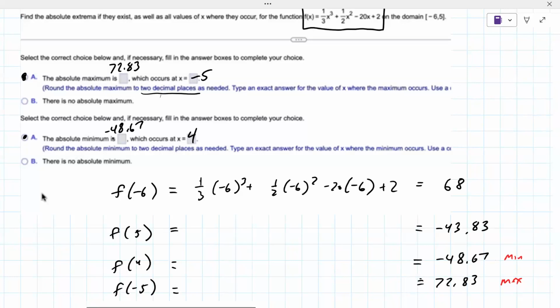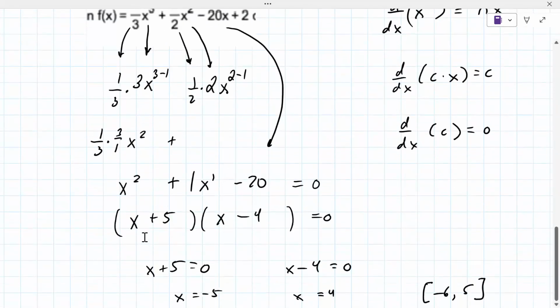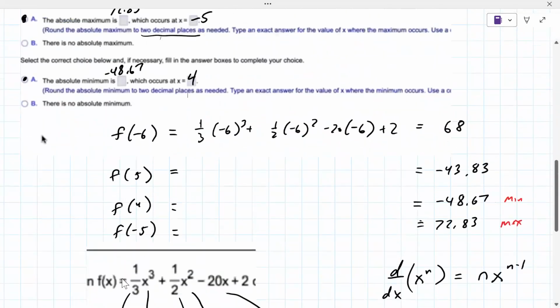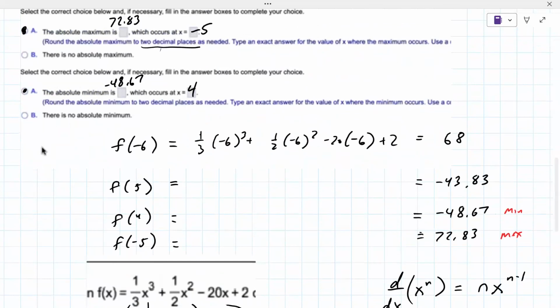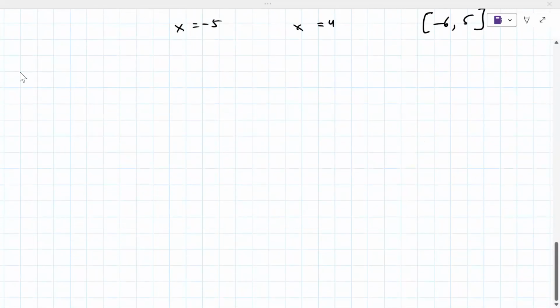So we plug in the domain, and then we plug in what we get after we find the derivative. Yes, exactly. Take the derivative, set it equal to 0, get those two x values, and put them back into the original function. In principle, it's not that difficult, but it's a lot of work.